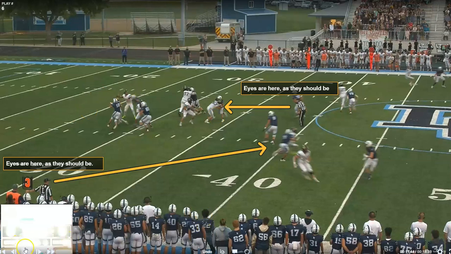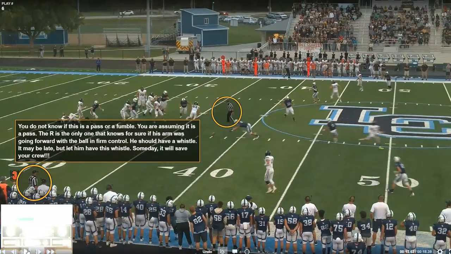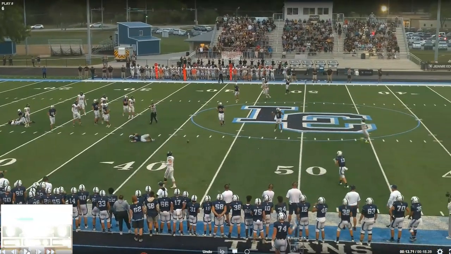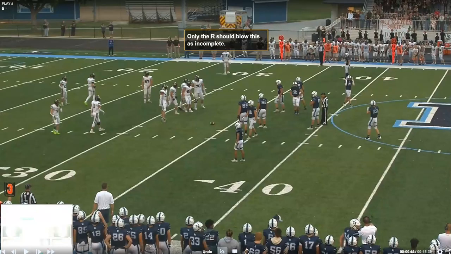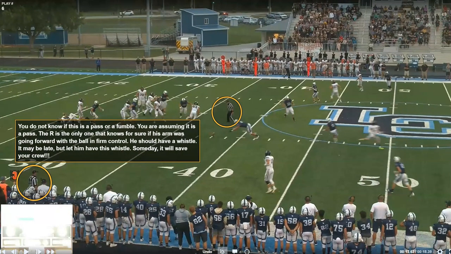But watch what happens on this play: we get this ball that comes out, and we have 2 officials who are really guessing if they blow this incomplete, which they do. I'll go forward. You can see we've got the incomplete pass signal going by our line judge and our umpire. Oops, sorry. So we only want our referee blowing this dead, okay?